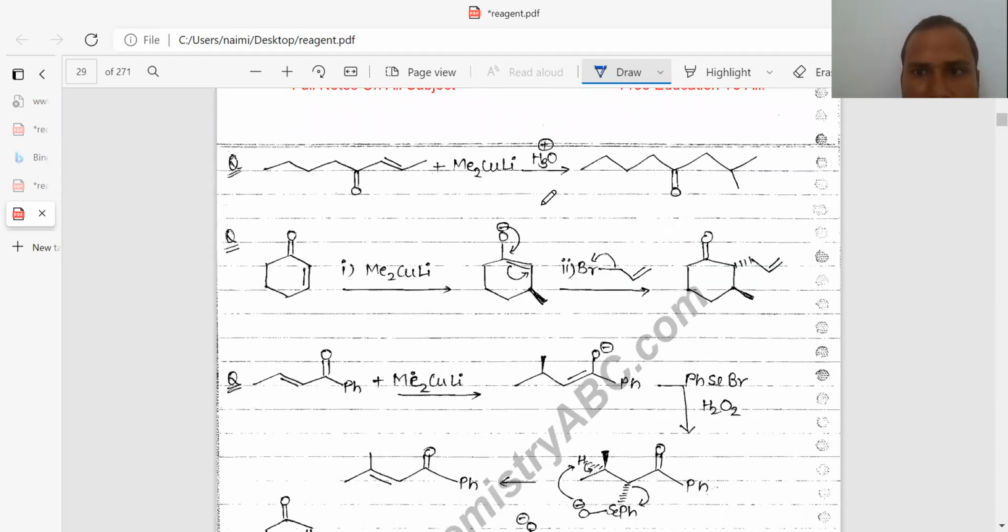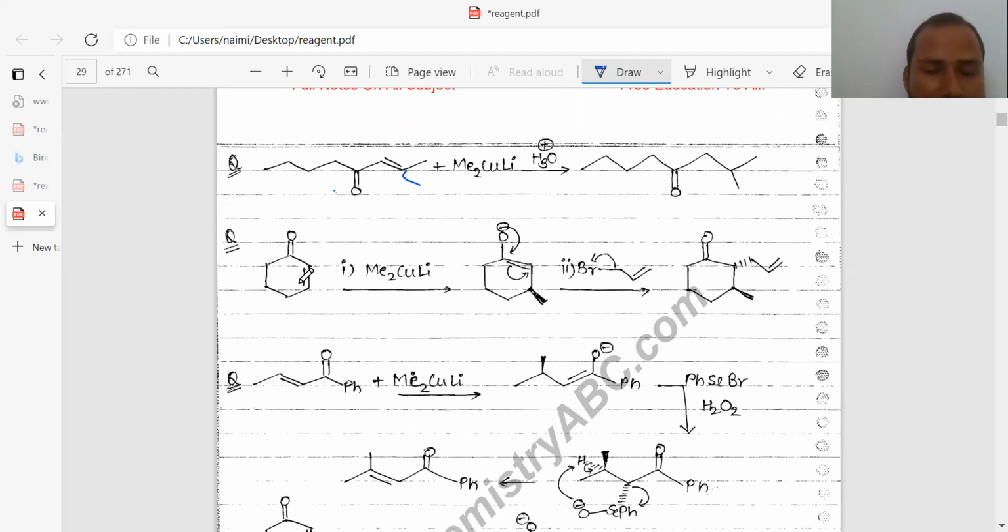Okay, similarly you can see in this one directly 1,4 addition takes place, and the methyl group is attached from this carbon. Okay, you will always count from 1, this oxygen to this one, 1 2 3 4. Okay, similarly I have also explained that this methyl will attack on this carbon, and when you do the stereochemistry, you always add on the wedge side.